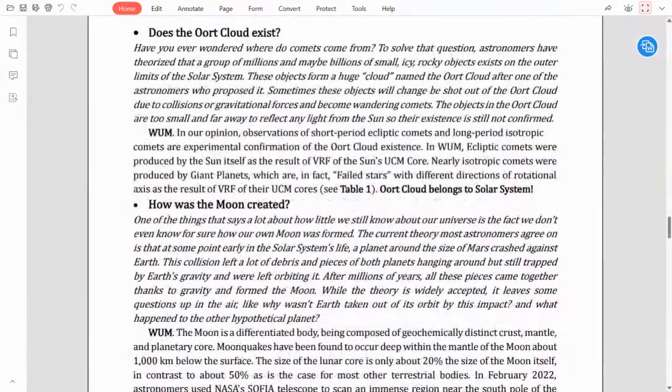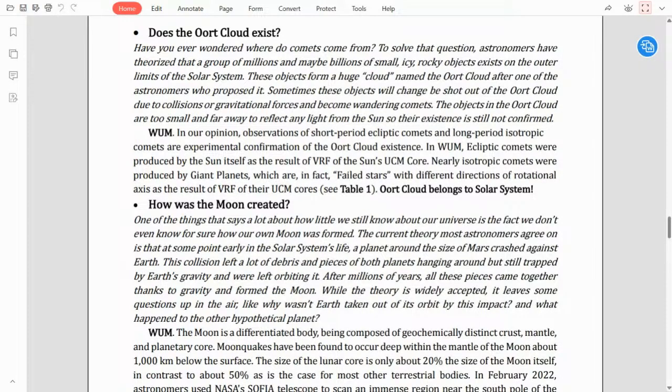Does the Oort cloud exist? Have you ever wondered where comets come from? To solve that question, astronomers have theorized that a group of millions and maybe billions of small icy rocky objects exist on the outer limits of the solar system. These objects form a huge cloud named the Oort cloud after one of the astronomers who proposed it.